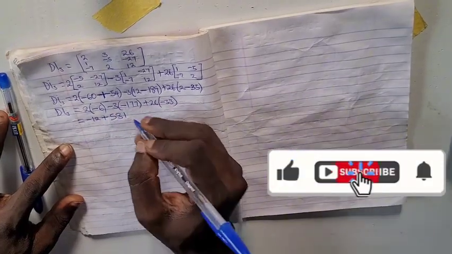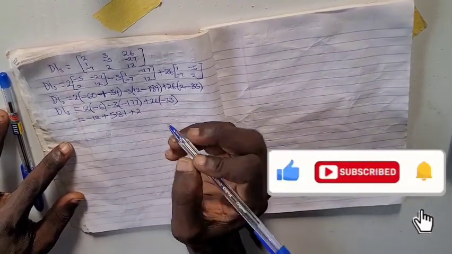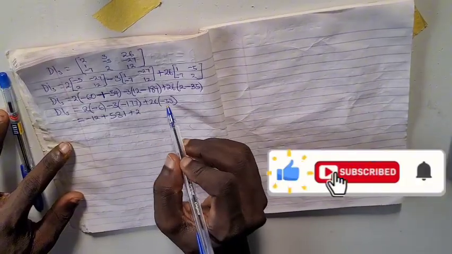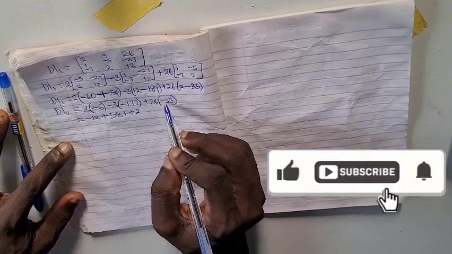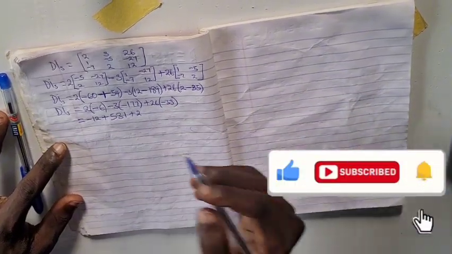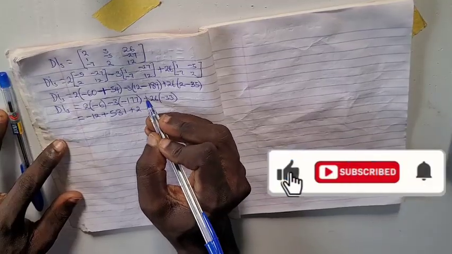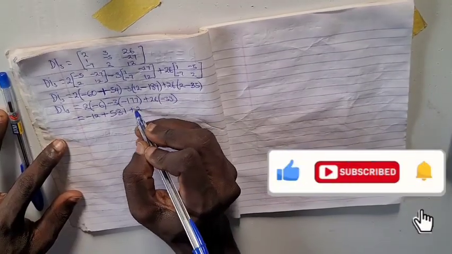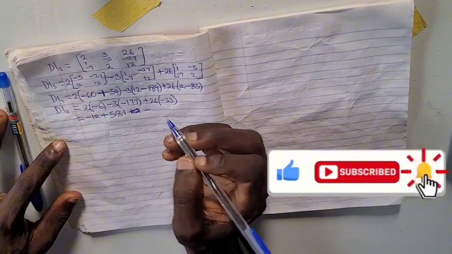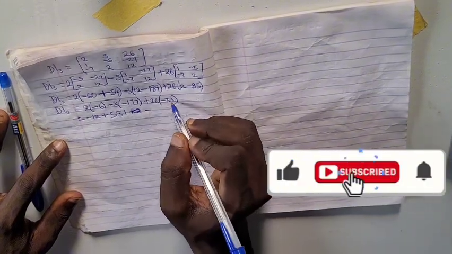That will be 531 plus 26 times minus 33. So it will change to, first of all, plus times minus will be minus. So it will automatically change to minus 26 times 33.